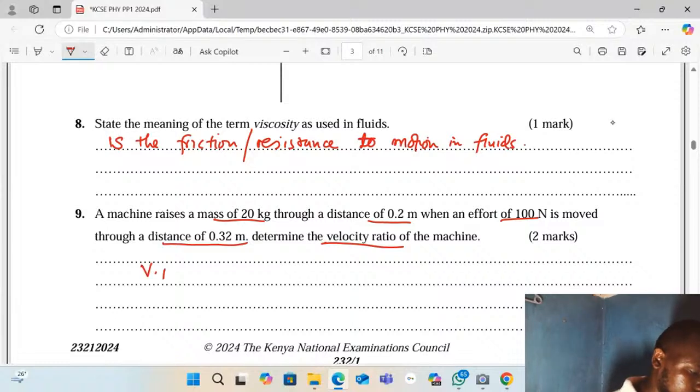Velocity ratio is given by the effort distance divided by the load distance.